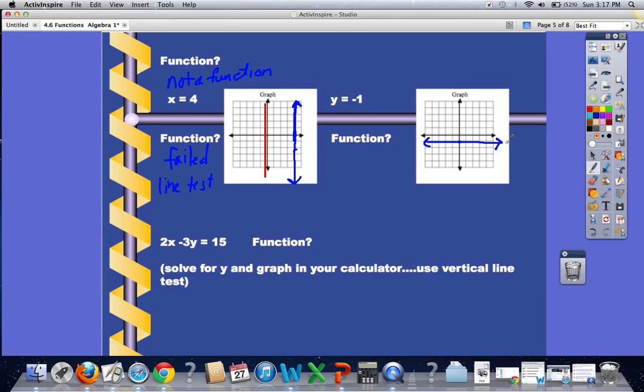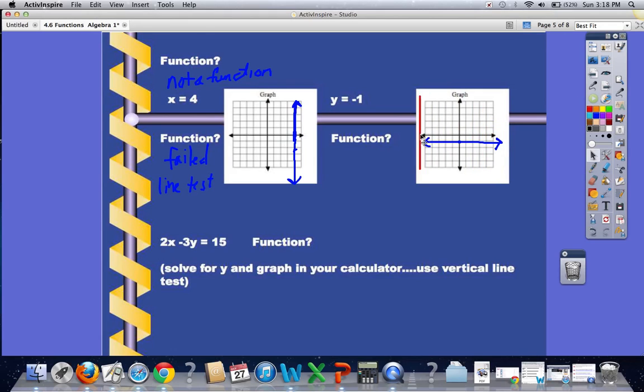Let's go back over here and grab my vertical line tester, my red line. Now, remember, go left to right, and ask, is it touching my blue line more than once at any given time? Nope.